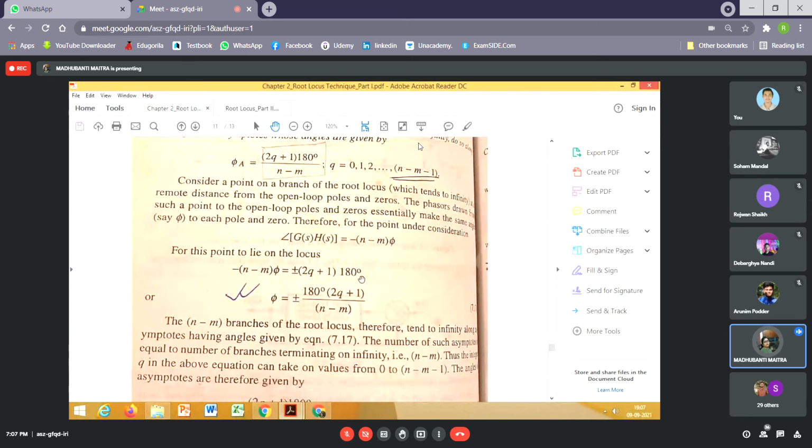This is our angle criterion, right? We are joining the point and the open loop poles and zeros with straight lines. Those straight lines could be considered as straight line asymptotes, and hence the asymptotic angles phi from this equation can be derived as plus minus 180 degrees (2q plus 1) whole divided by n minus m, and that is our rule.